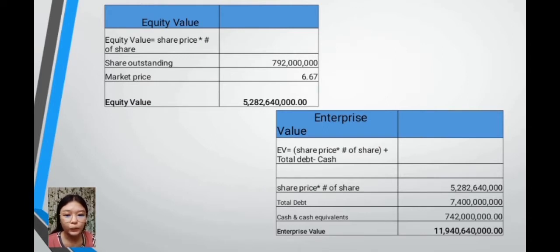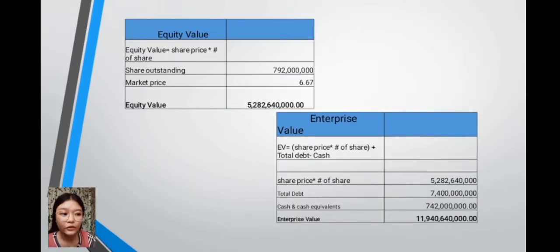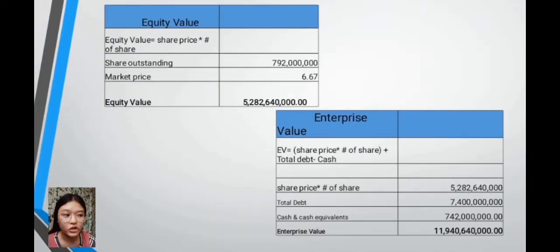First, we compute the enterprise value by using the formula of share price multiplied by the number of shares plus total debt less cash. So Marathon Oil Corporation has a share price of 6.67 and we multiply it by the number of shares, which is 792 million.